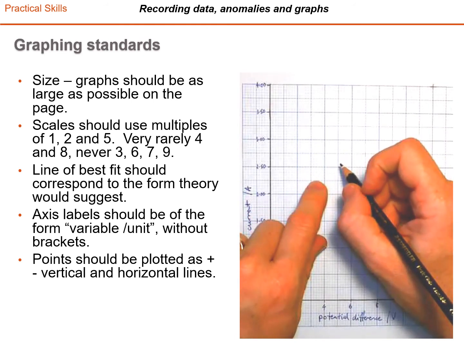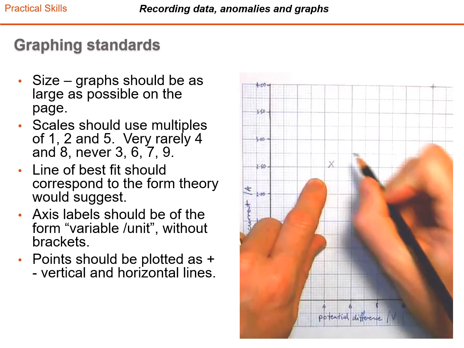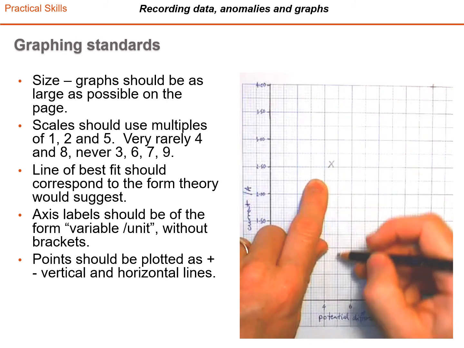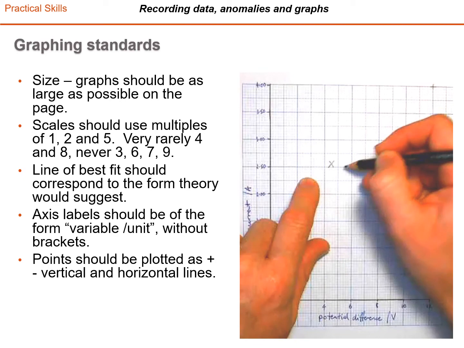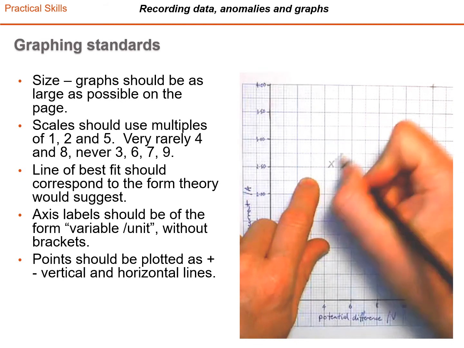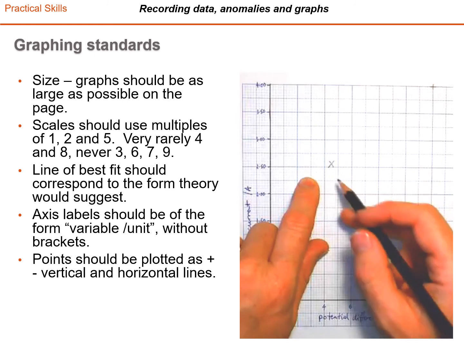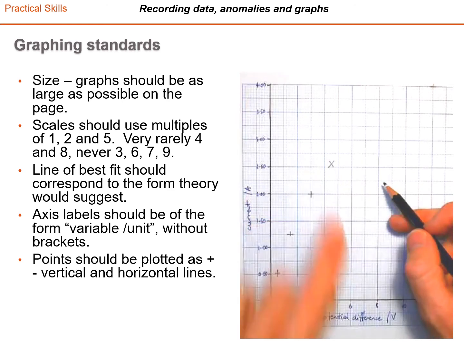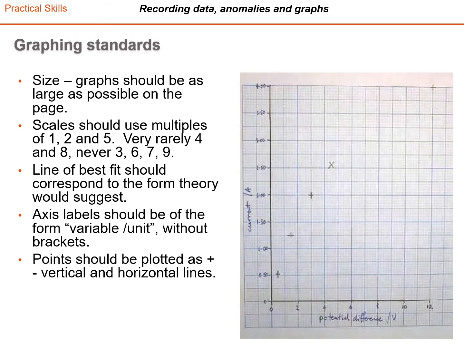I exaggerate it a little bit here, but it's essentially going to be somewhere about here. And we have to imagine where a vertical line and a horizontal line cross, and then we need to draw our cross in that correct position. And well, it's not bad, but it doesn't stand up to the scrutiny that this next method shows.